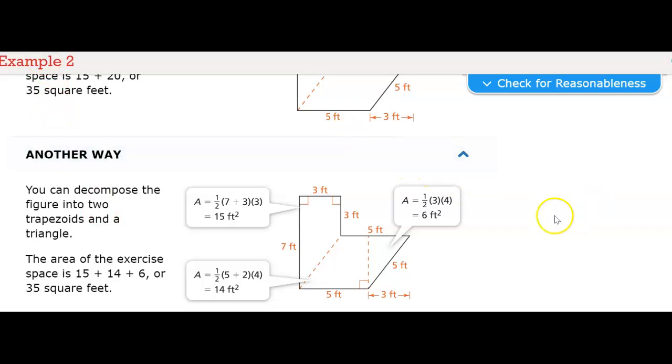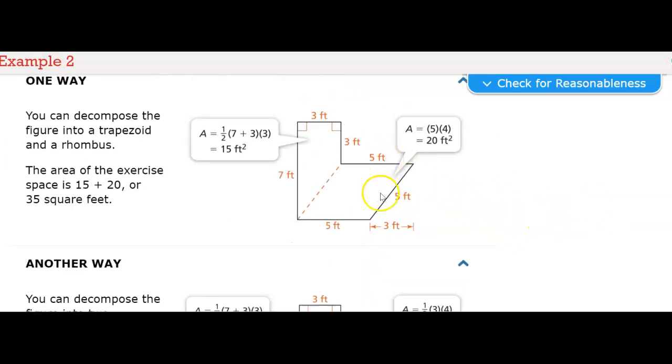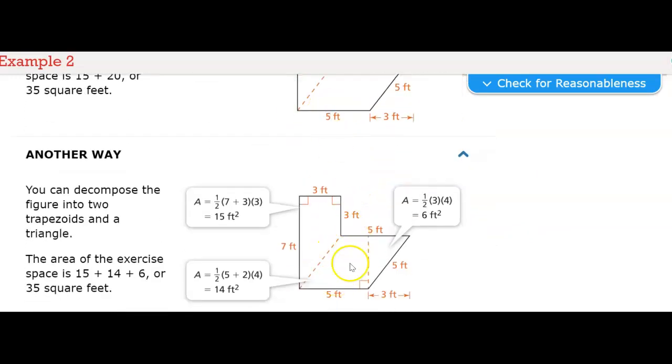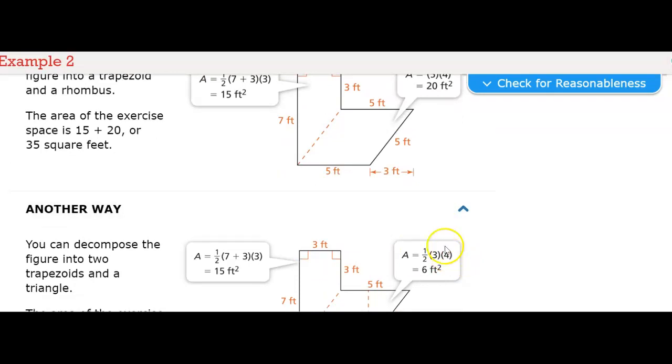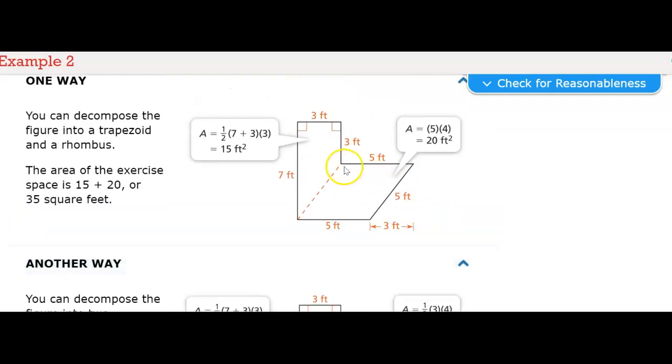I also wanted to point out in both scenarios how they got the height of this second parallelogram or trapezoid and triangle as 4. If you look at this one, the height again goes up and down for this shape. This side of this trapezoid is 7 feet. We don't have a line going straight down here, but we can imagine that it's there.